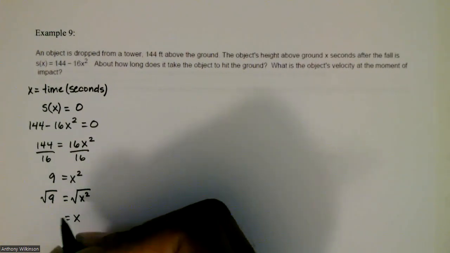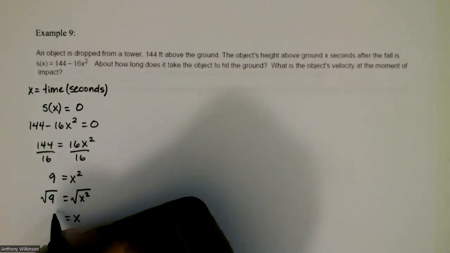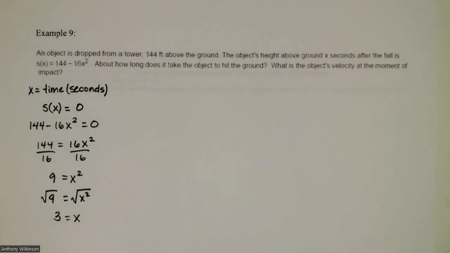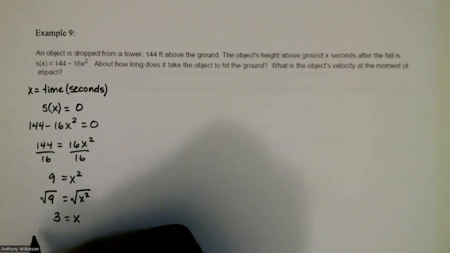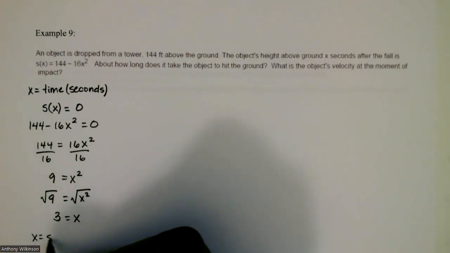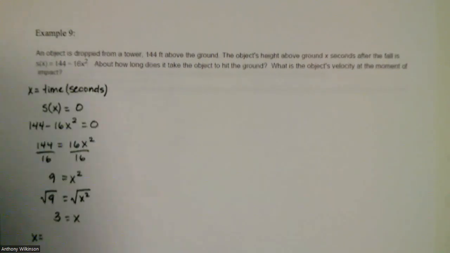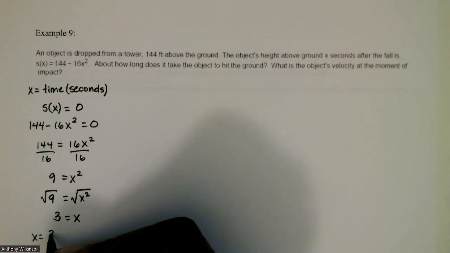So the square root of x squared would be x, so the square root of 9 would be 3. And we don't use a plus or minus symbol because time is not going to be negative in this case. So in this case, about how long will it take the object to hit the ground? It would be 3 seconds. Since that's what we're finding.